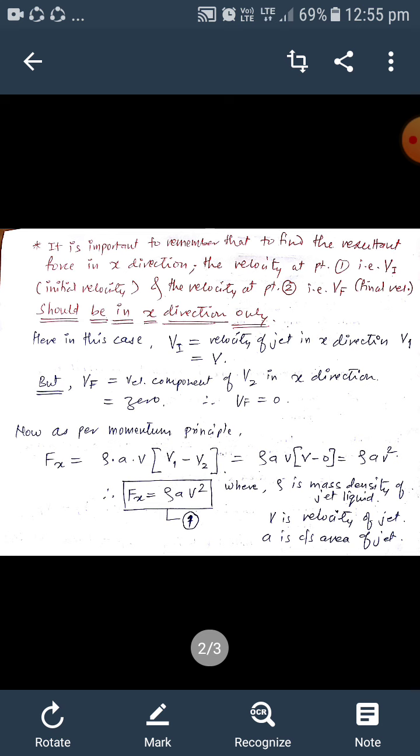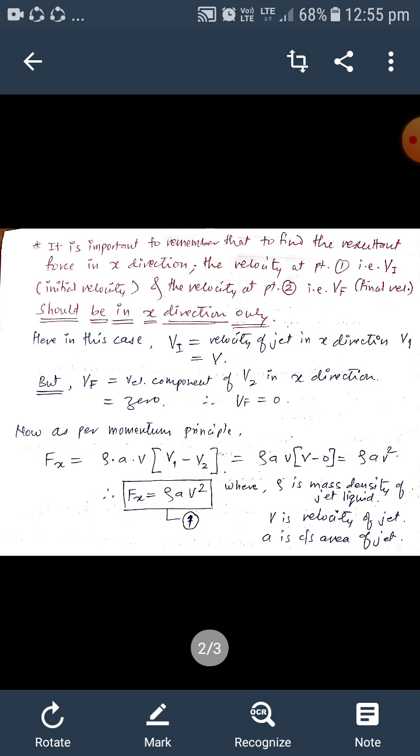But Vf, that is velocity at point number 2, in x direction is 0 because the component of V2 in the direction of jet is 90 degrees to the actual velocity which is leaving the plate. Therefore, it is 0.